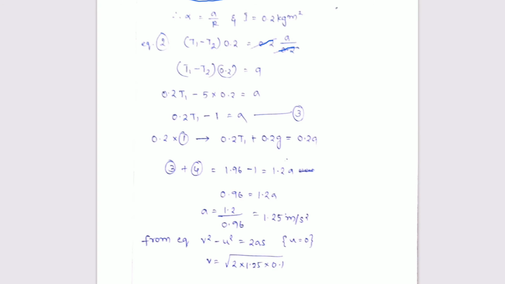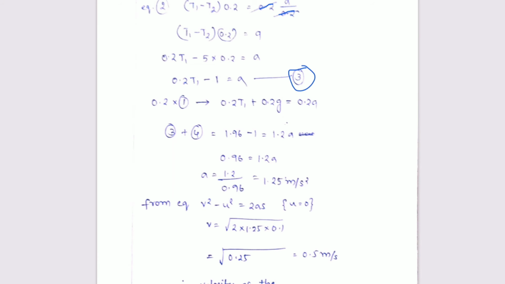Next, (T1 minus T2) into 0.2 equal to a. After simplifying, 0.2 into T1 minus 5 into 0.2 equal to a, because T2 equal to 5. So 0.2 T1 minus 1 equal to a, that is the third equation.